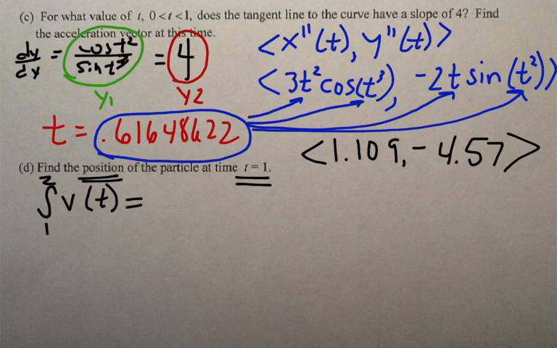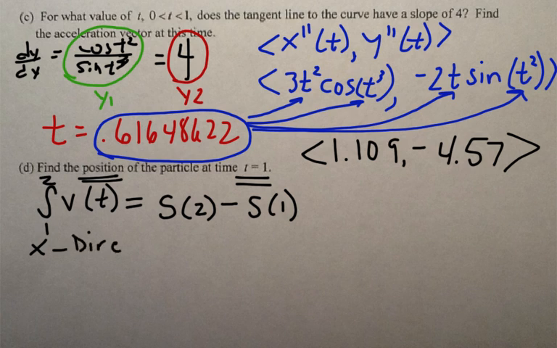And according to the first fundamental theorem of calculus, this is going to be equal to the position at time 2 minus the position at time 1, because the antiderivative of velocity is position, and then we take the top number, plug it in, subtract the bottom number plugged in. Okay? So there's two ways we're going to have to go through this, the x direction, and then we're going to have to do the same thing again with the y direction. So these will work the same way.